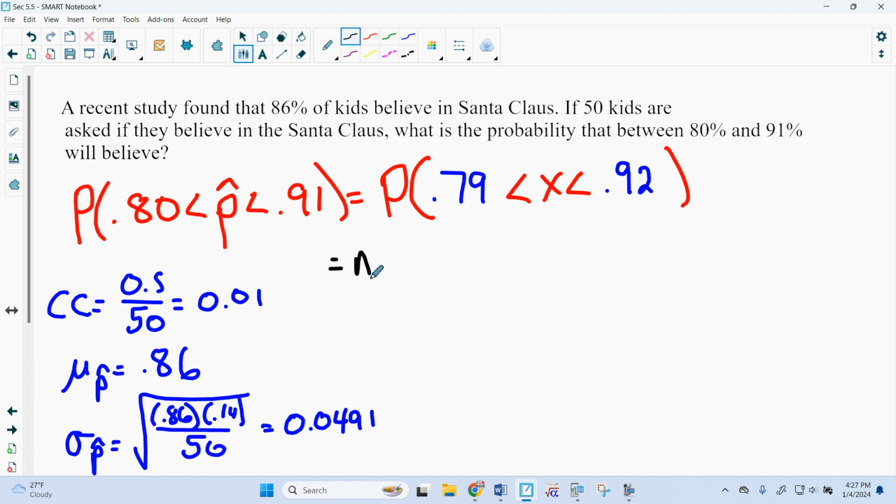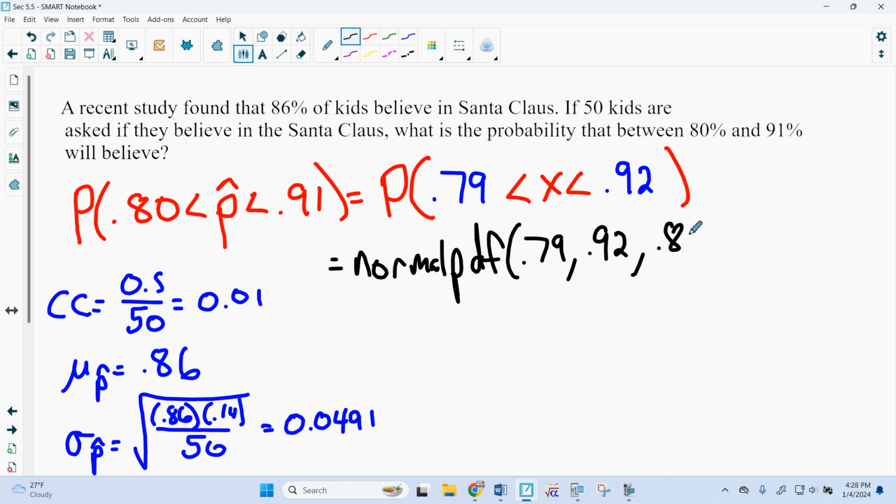We then put this into normal CDF, 0.79, 0.92, 0.86, 0.0491, and we get 0.0491.